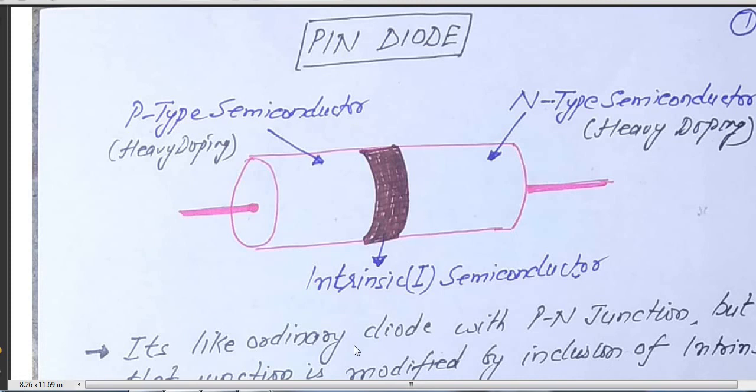In today's discussion, we have discussed the concept, construction, characteristics, application areas, the working principle of the PIN diode, and we have also discussed the operation of the PIN diode under zero bias, reverse bias, and forward bias conditions. So this is all for today's lecture.